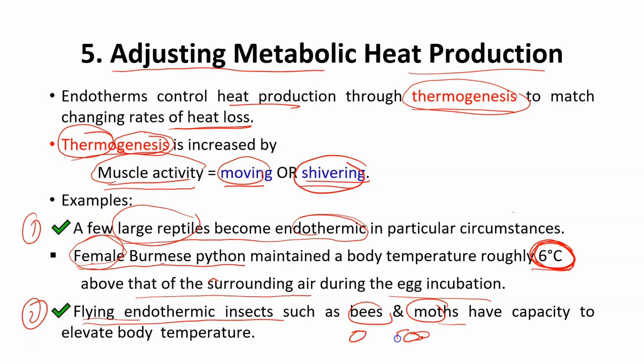Bila badan dia kecil, bila dia terbang, badan dia akan senang sejuk. Macam tu kan. So, dengan cara dia shiver, dia akan increase muscle activity. So, this is to increase body temperature, to elevate body temperature semasa dia terbang tu. Okay. So, dia akan increase muscle activity to elevate body temperature during flying.